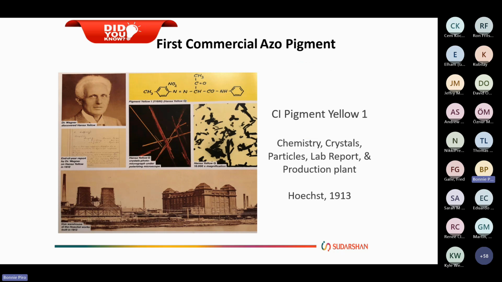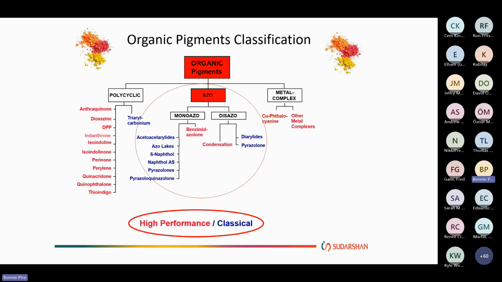Another fun fact is that the first commercial Azo pigment is Pigment Yellow 1. It was developed and commercialized in 1913. So the Azo class of pigments are by far the largest in all of the organic spaces.